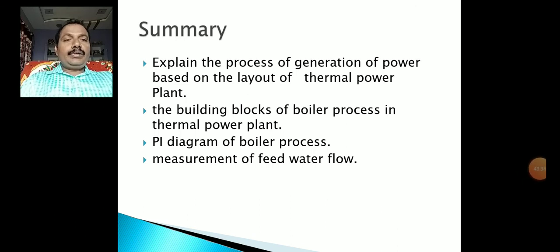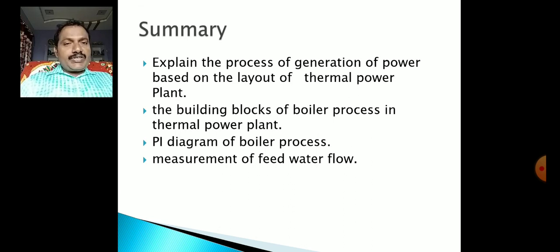So, in this, what we have to understand is the steam plays an important role by converting the chemical energy into mechanical energy. So the water which is boiled is producing steam, and further that steam is wet steam.